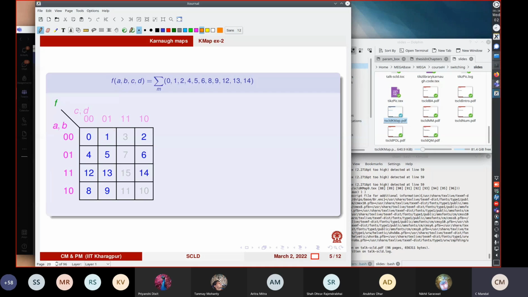You got a big block here. All of these can be grouped together. Then you got another nice block over here. It's not as big as the earlier one. The earlier one had 8 terms. This one got 4 terms.